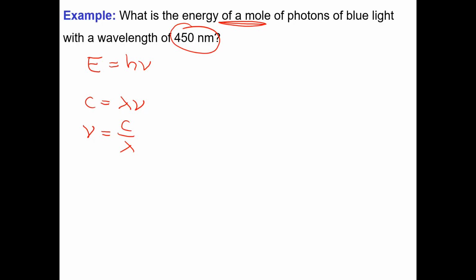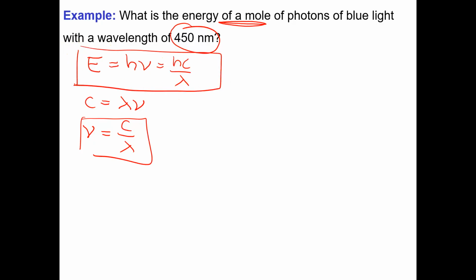So what we're going to do is, instead of writing frequency in our energy formula, we're going to write that. There you go. So that's an important series of relationships. The energy of a photon is equal to Planck's constant times the frequency, but it's also equal to Planck's constant times the speed of light divided by the wavelength.